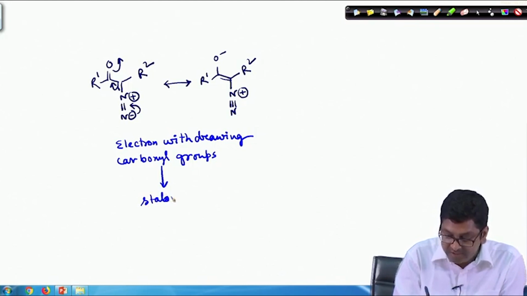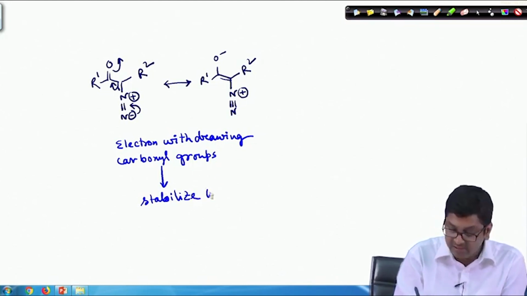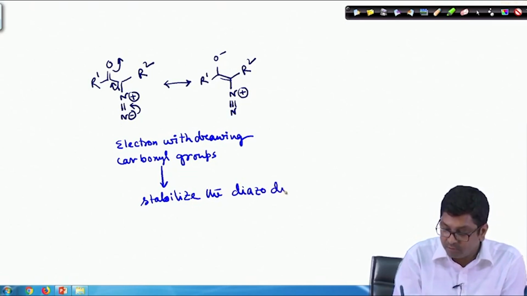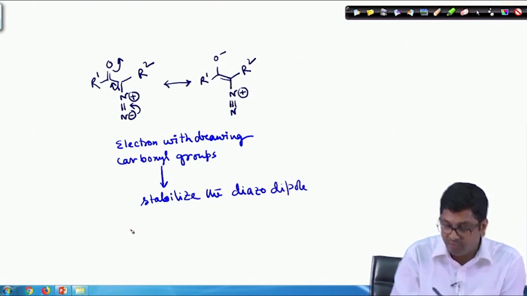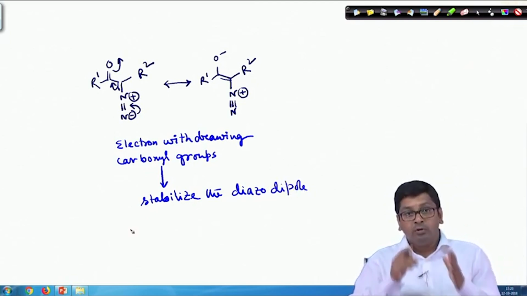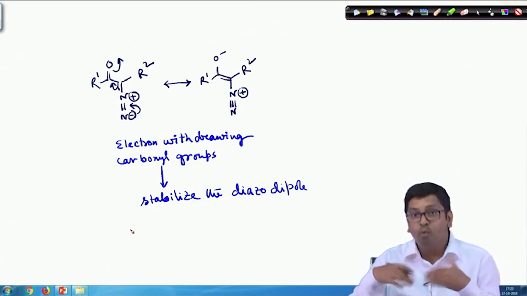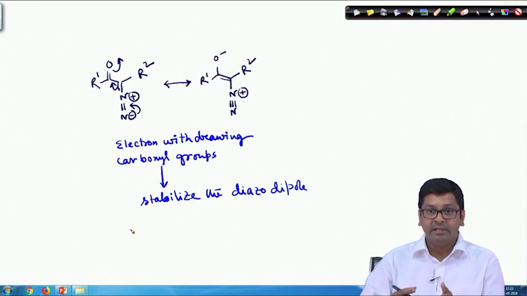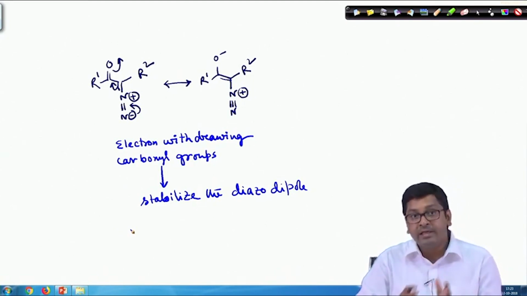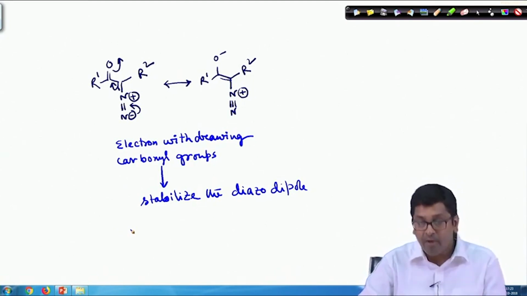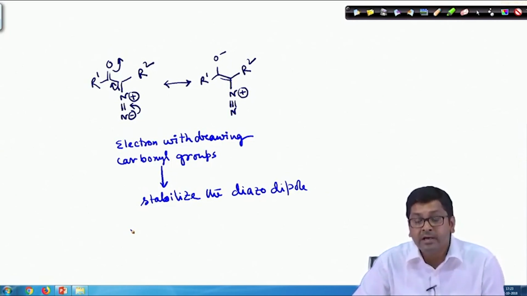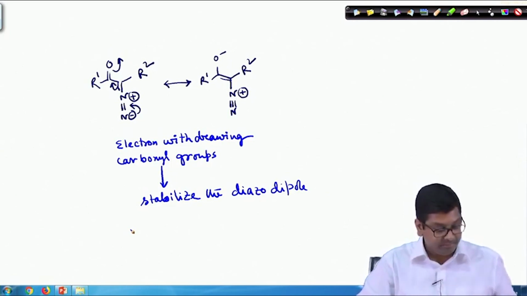This will stabilize the diazo dipole. Fine. So, overall these diazocarbonyl compounds are more stable than diazomethane. So, obviously, we can use these diazocarbonyl compounds as a very good precursor for the carbenes. Okay.